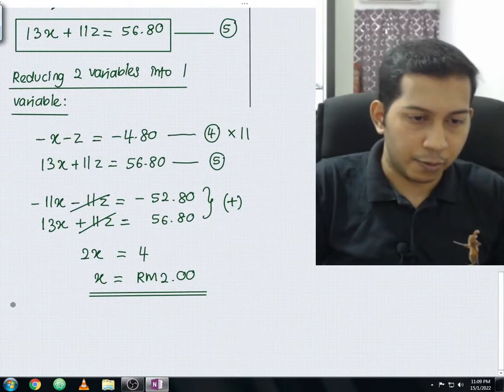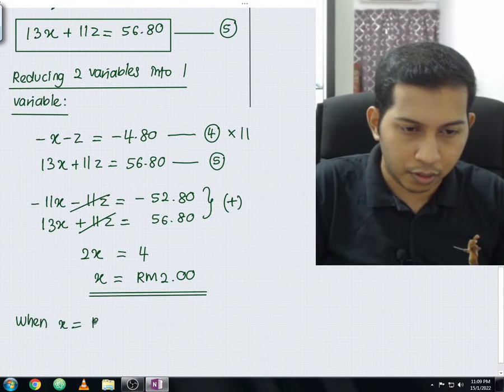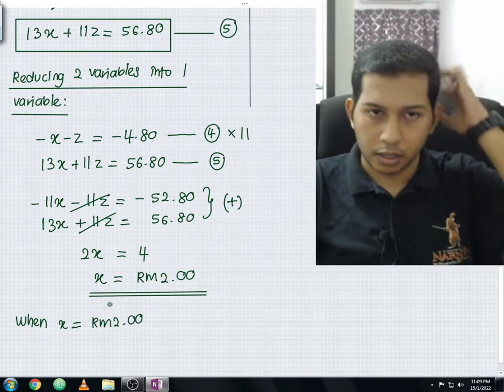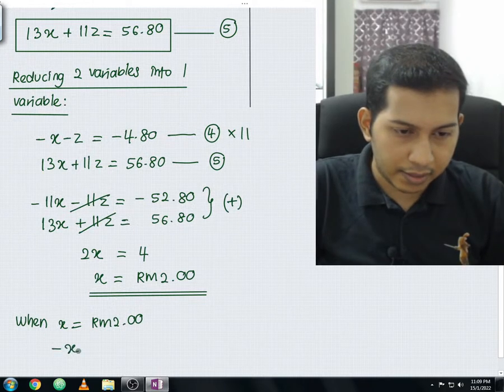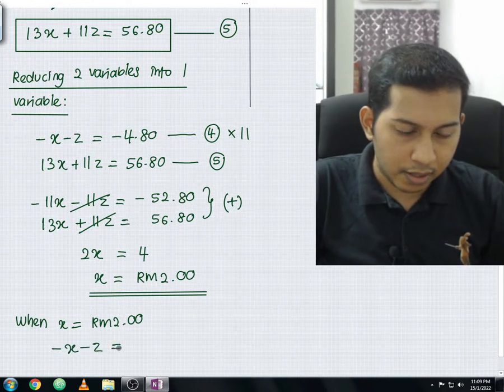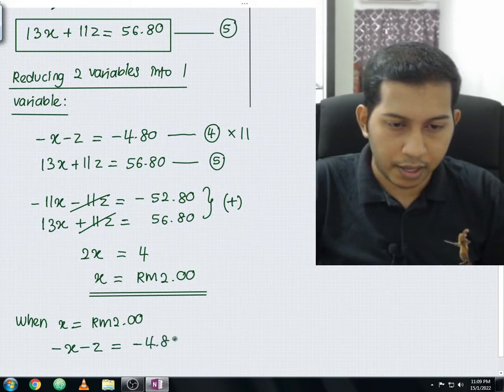So let me write in the working here, when x equals 2 ringgit. Since I'm choosing equation 4, it will be negative x minus z equals negative 4.80.